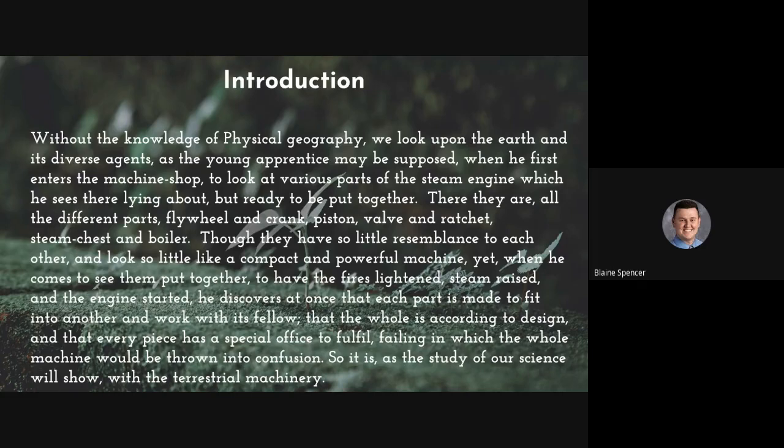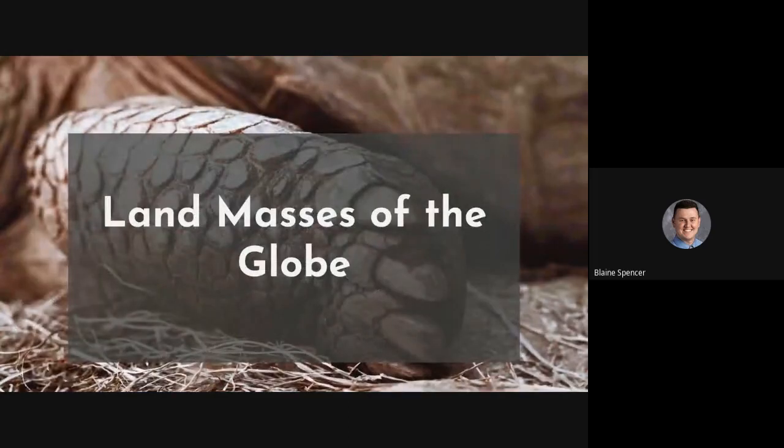There's a lot to this, so if you would follow along. First, we're going to start with the land masses of the globe. What do I mean by this? This is really the overview of the land.